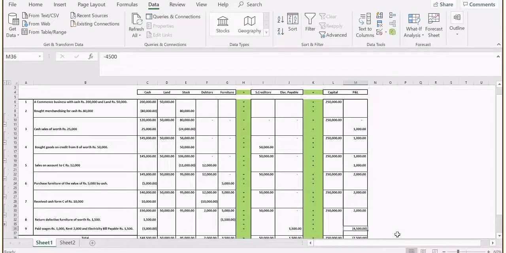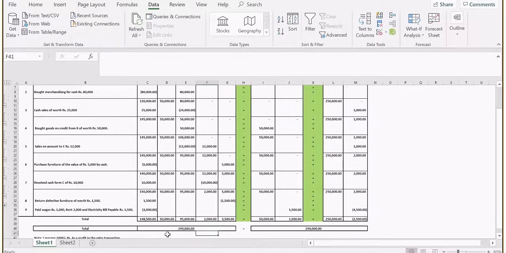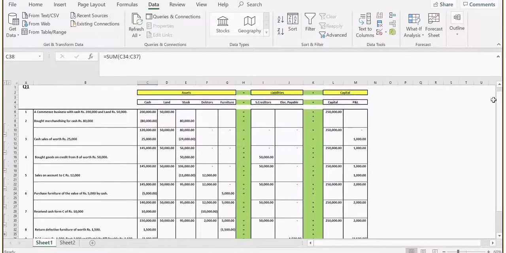So you can see on the left hand side the total is 3,000 negative. On the right hand side you can see 3,000 negative, so which means this transaction is complete. Again, if I see the accumulated impact of these transactions now, you can see 1,48,500 is the cash at the end of all these journal entries.